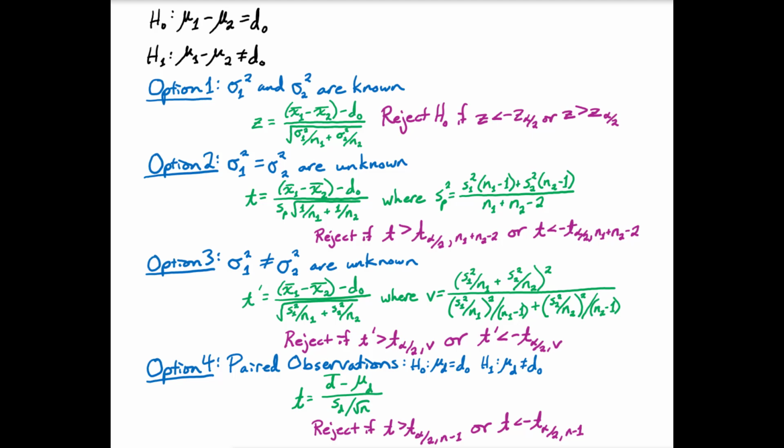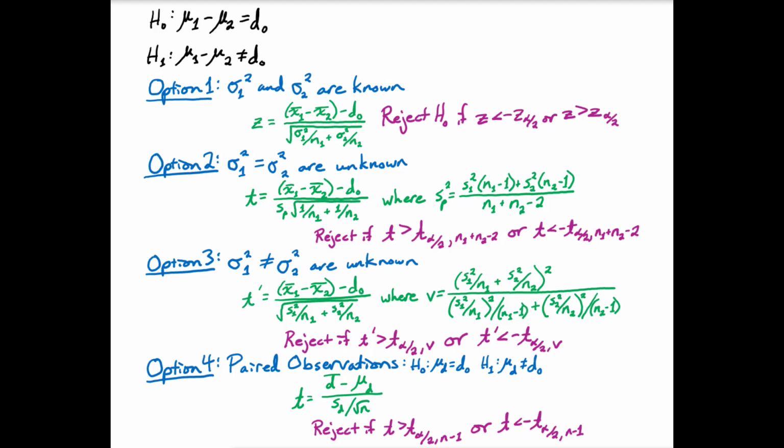So the first option is that our variance for our first population and our variance for our second population are both known. In this case, we can use z and use the normal distribution. So we calculate a z value using the formula given there.